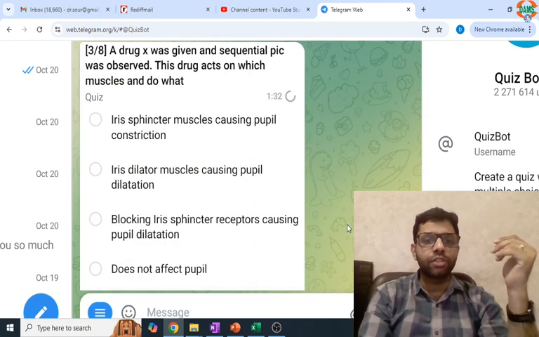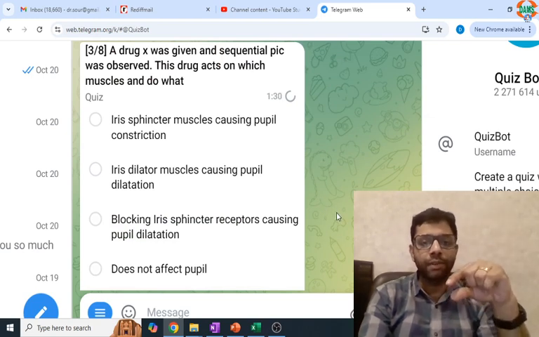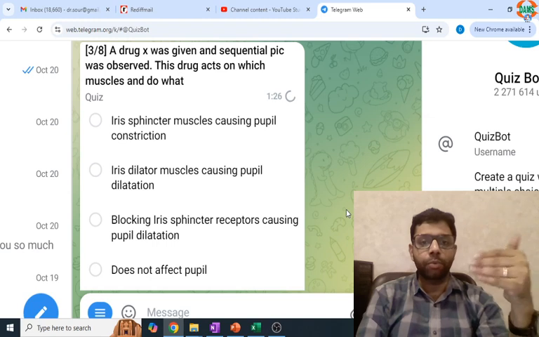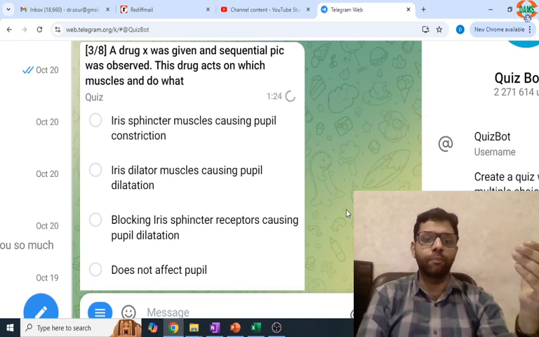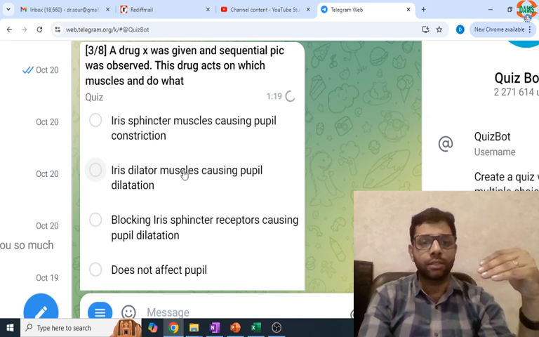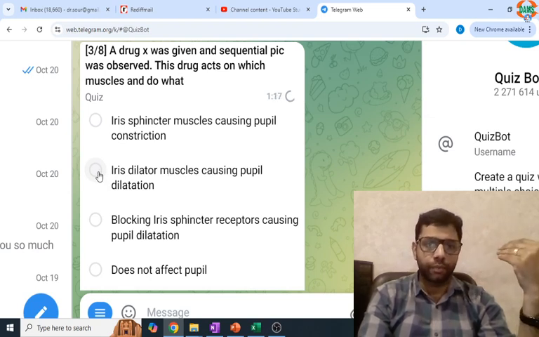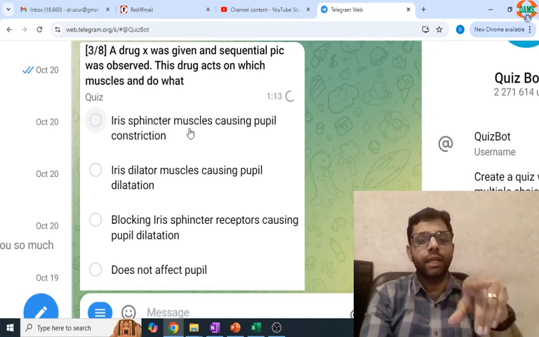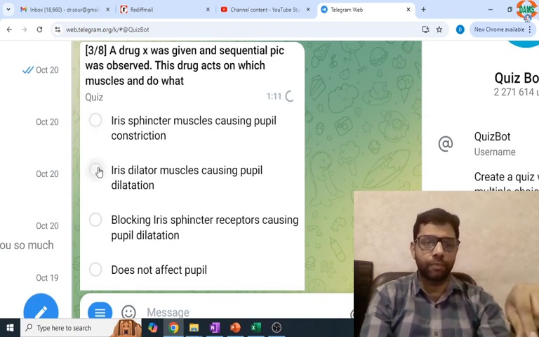Now, which drug blocks the iris sphincter receptors and dilates the pupil? That is cycloplegics: atropine, tropicamide, cyclopentolate, homatropine. Adrenaline and phenylephrine act directly on the dilator muscles and cause pupil dilatation. Pilocarpine acts directly on the iris sphincter muscle and causes pupil constriction.